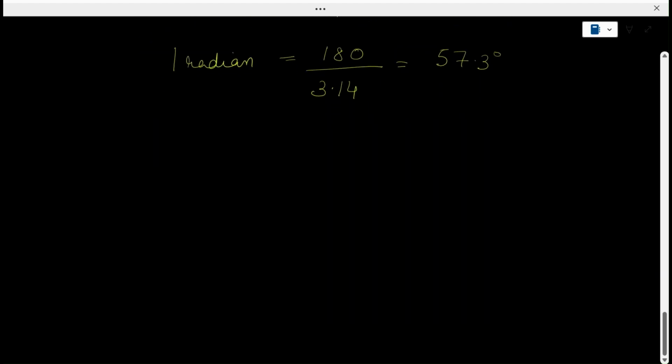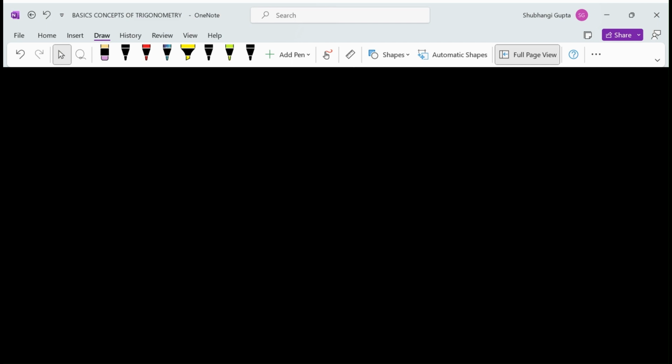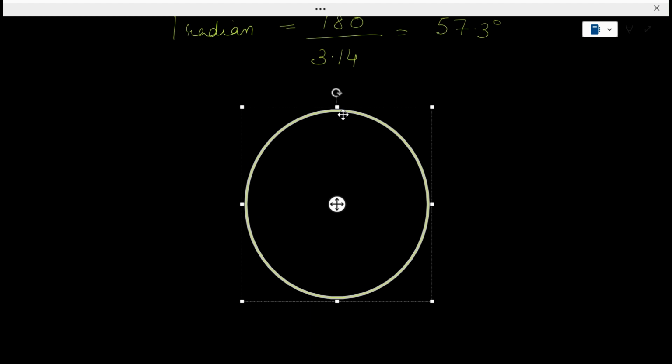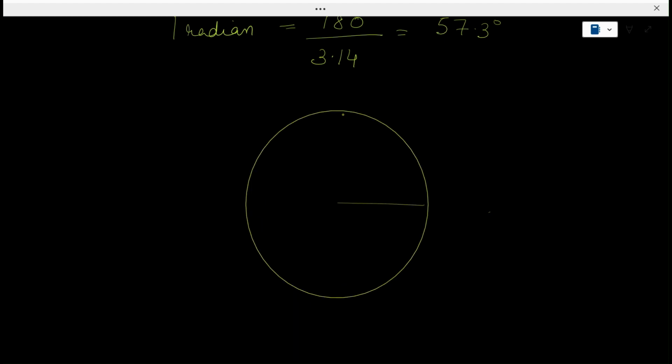This means when we move in a circle, if theta is 1 radian, it is equal to 57.3 degrees.